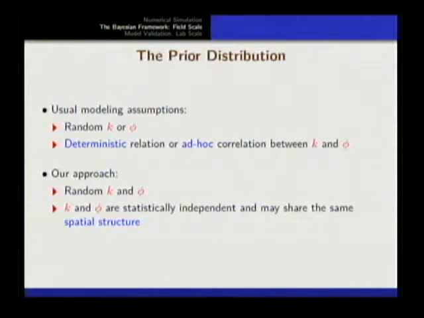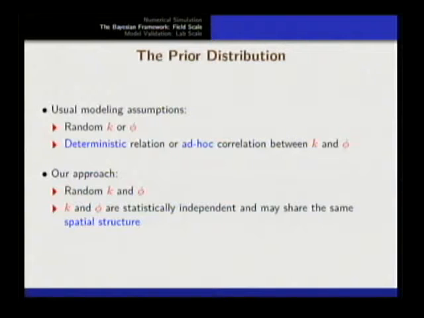So typically in the literature, you find that one of these parameters is somehow random, and there is an ad hoc, either stochastic or deterministic, relation between them. So the framework I'm describing does not require that we specify a priori a relation between these properties.